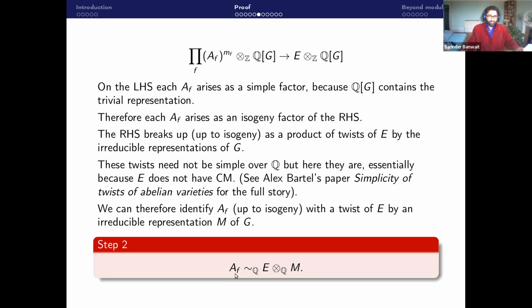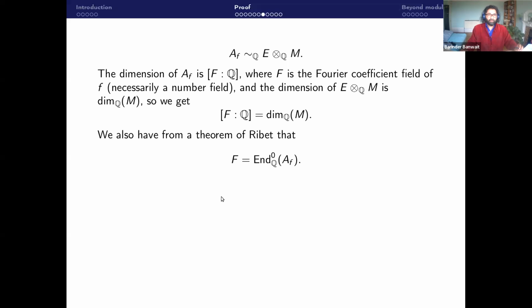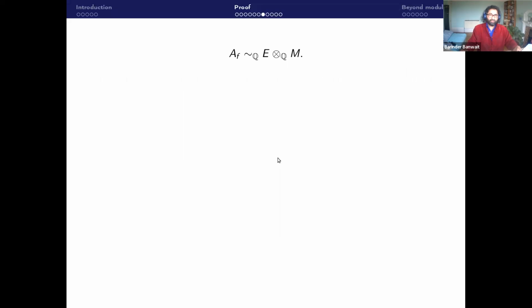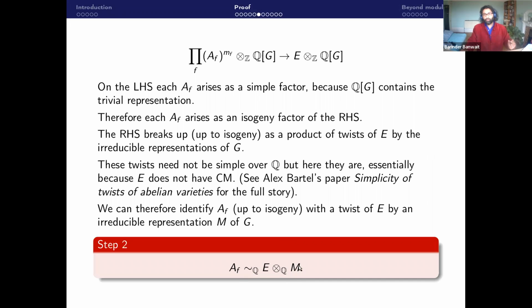So the one on the left, A_F, is Q-simple. That's coming up in here. So we'll get there slowly. And on the right, well, since it's isogenous to something that's Q-simple, then in this case it is Q-simple, although a priori it does not have to be. Yeah, the general construction does not give you a Q-simple abelian variety.